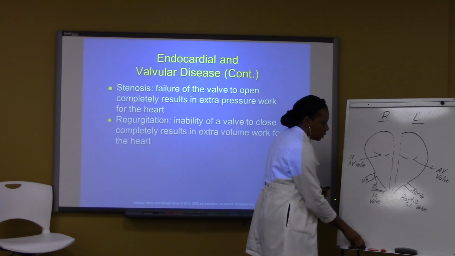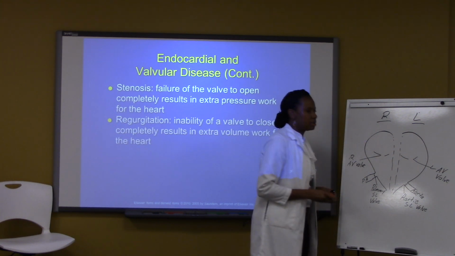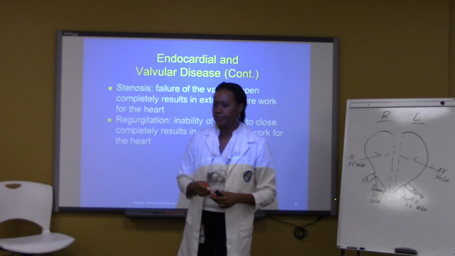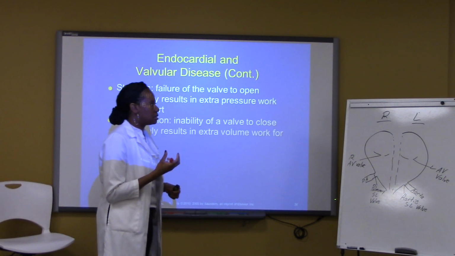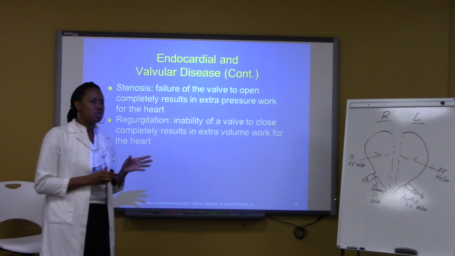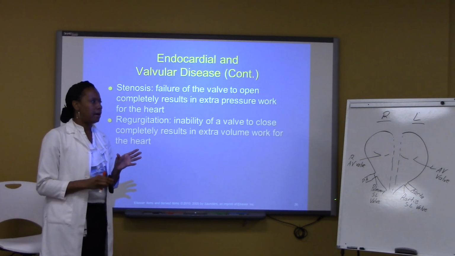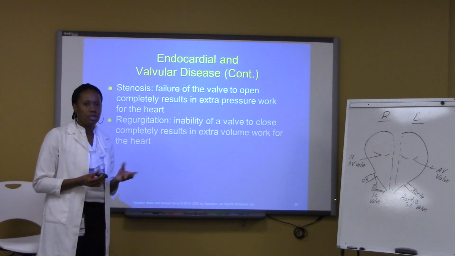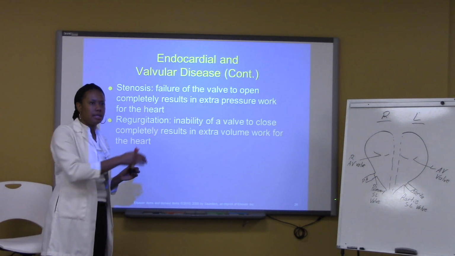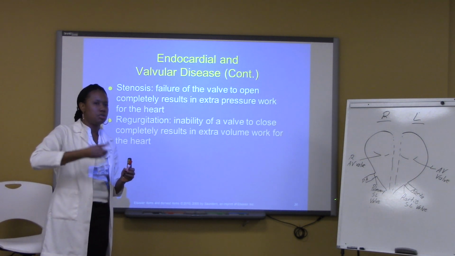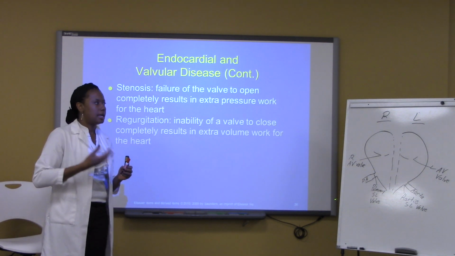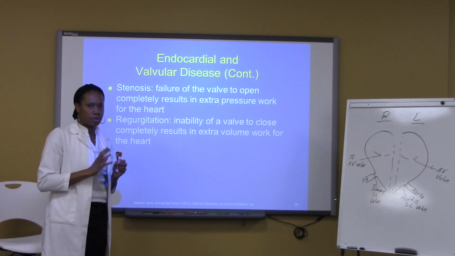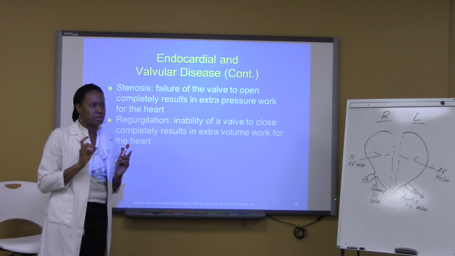Okay, so the reason why I'm drawing this heart for you guys is because we are going to go over all the different valvular diseases. And what I need you to know is not only the names of the valvular diseases, but I do need you to understand what's going on, and then if there's a regurgitation into which chambers of the heart, and pretty much what's going on with the heart, okay, in that valvular disease.